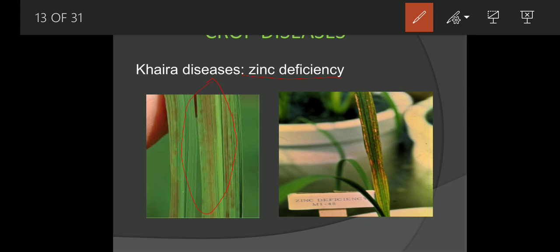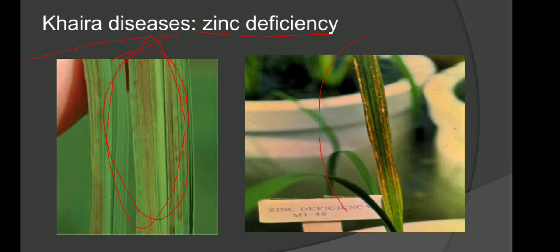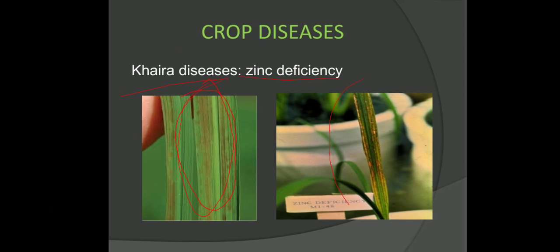Actually, these are not spots but a meshy brown color-like structure. This can be seen more clearly. This brown color, caused due to zinc deficiency, is well known as Khaira disease.